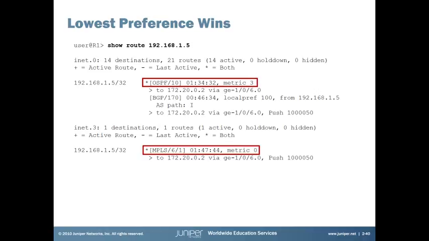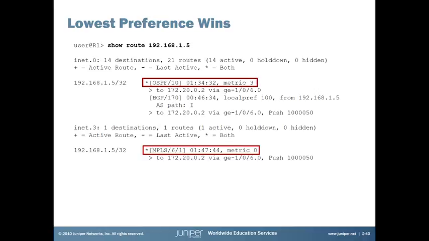So even in the routing table, the push statement is recorded. If you take a look at the metrics, OSPF has a metric of 3, and we have a route preference of 10.